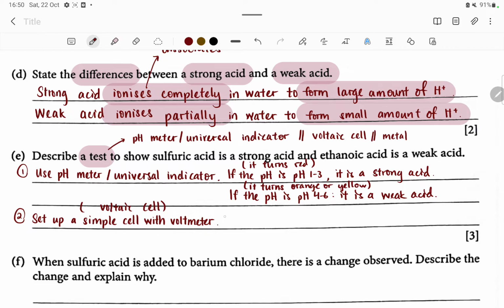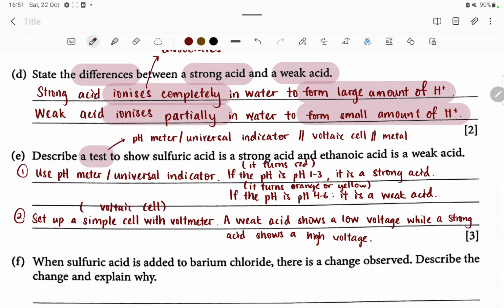And then a weak acid shows a low voltage, while a strong acid shows a high voltage.